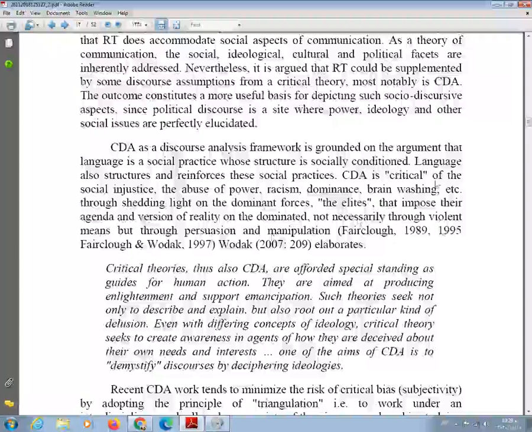Okay, so critical discourse analysis is critical of all these things, not necessarily through violent means, but through persuasion and manipulation, because the dominant institutions which represent the elites impose their agenda and version of reality on the dominated, the common people, not necessarily through violent means, but through persuasion and manipulation.